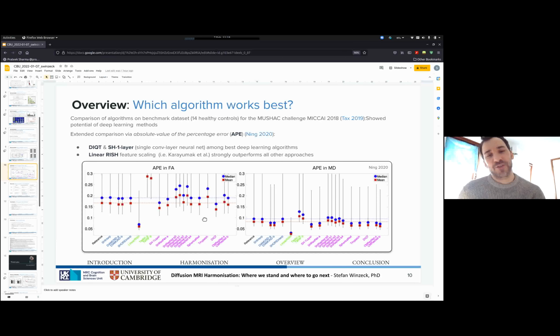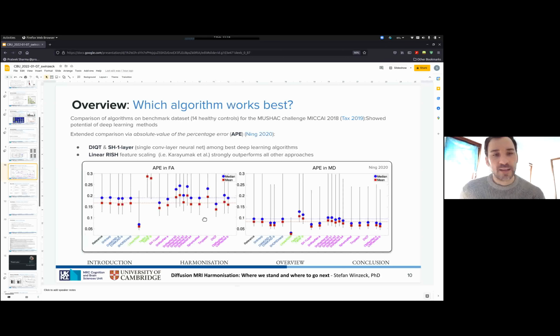Okay. I was wondering what would combat look like on this kind of plot? Because in many situations we don't have matched controls. So I understand that combat would be the least we can do. But where would combat be? I can't see the x-axis. Yeah, so combat wasn't applied here either. I think in Moyer 2020, in this one paper, they also showed combat and linear feature scaling and still outperformed both.